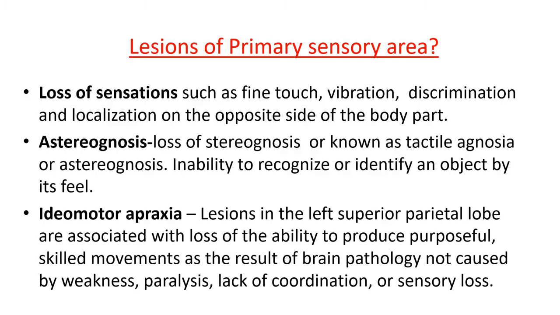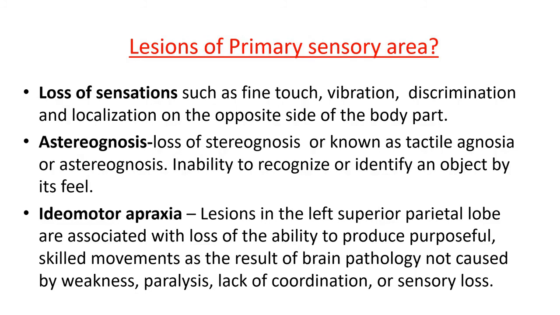There is another condition, ideomotor apraxia. Again, this is a lesion in the superior parietal lobe, especially the somatosensory areas 5 and 7. It is the loss of ability to produce purposeful skilled movements.